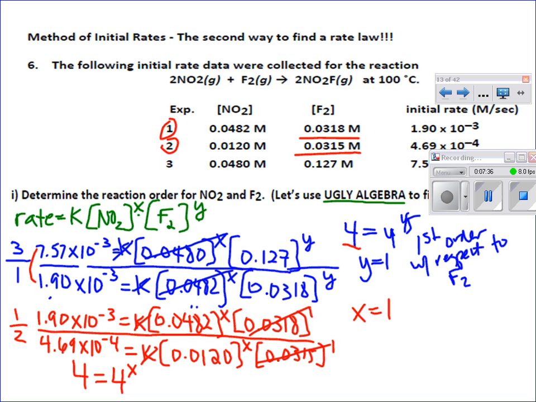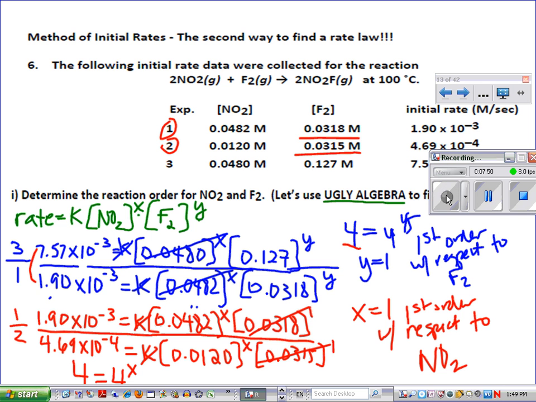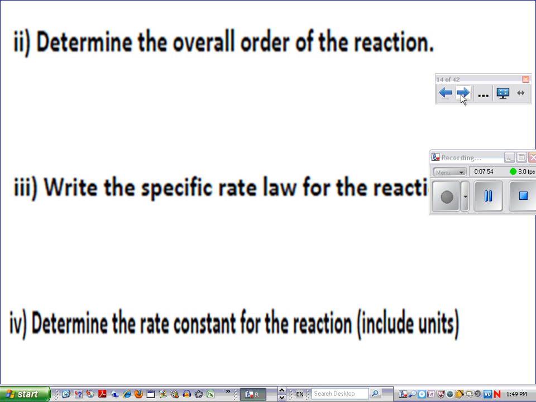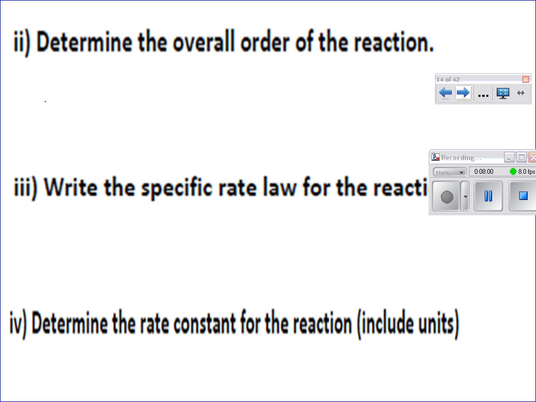X equals 1, so this is first order with respect to NO2. All right, we're going to determine the overall order of the reaction. Overall is just adding up the exponents. So what's our overall order? Second order overall.